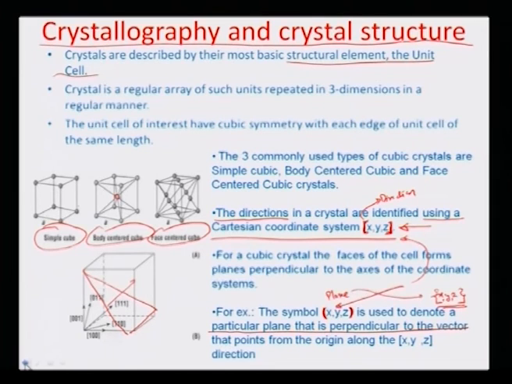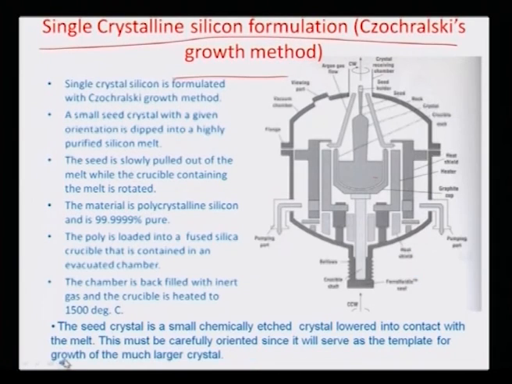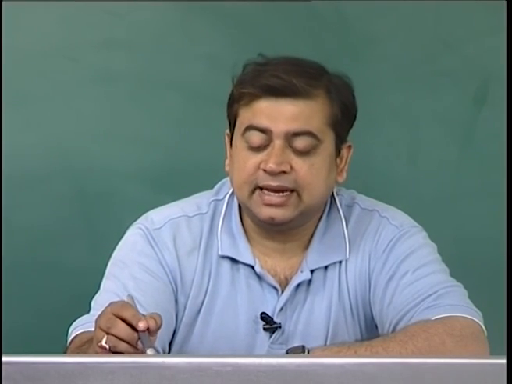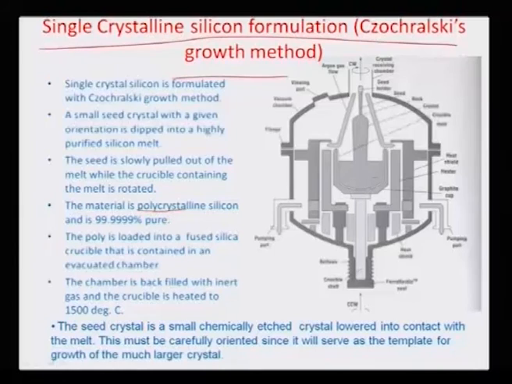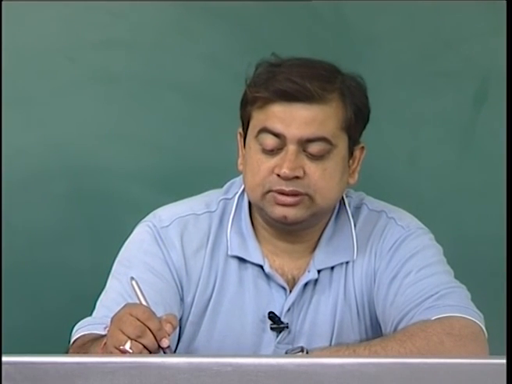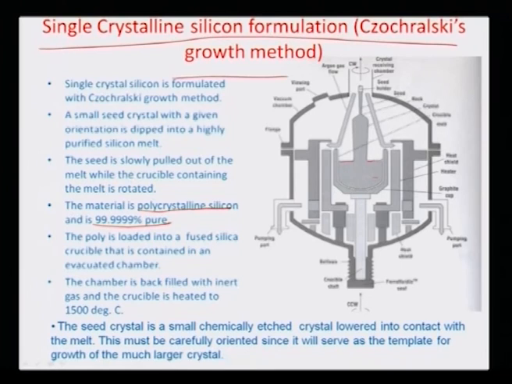So let us now look into a little bit different aspect of how you can actually make single crystalline silicon. And in that context, the most important method that is illustrated in literature very often is the Czochralski growth method, in which silicon can be obtained from 99.99% pure polycrystalline silicon, which is fused, and this fusion process is by thermal means.